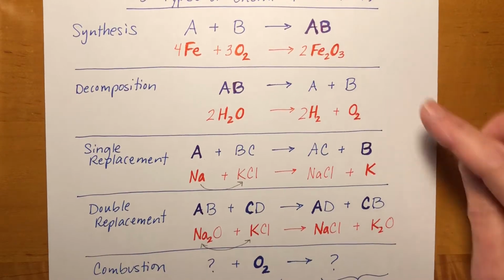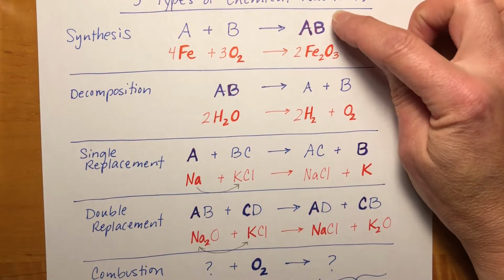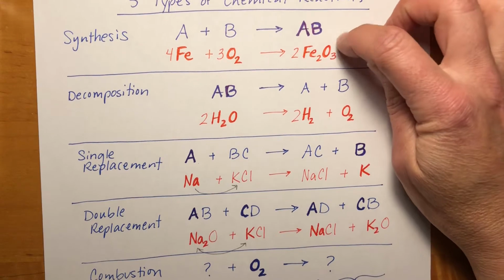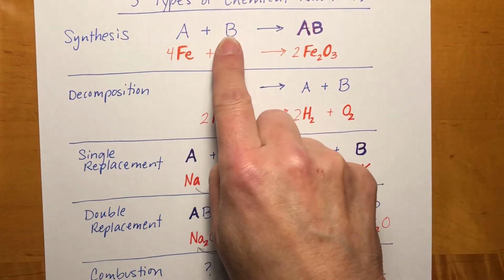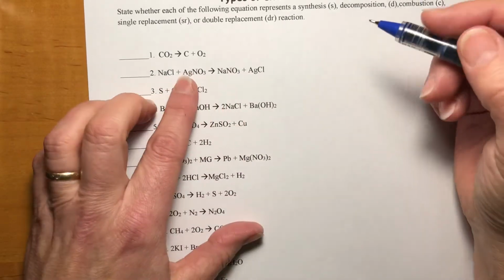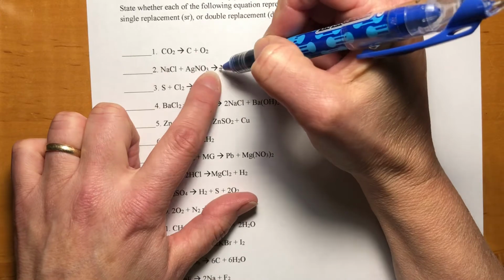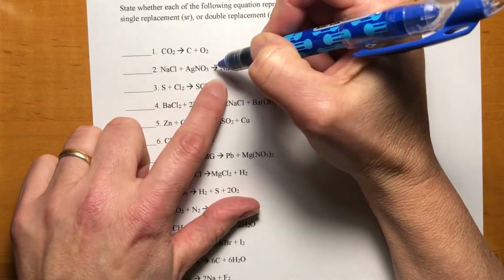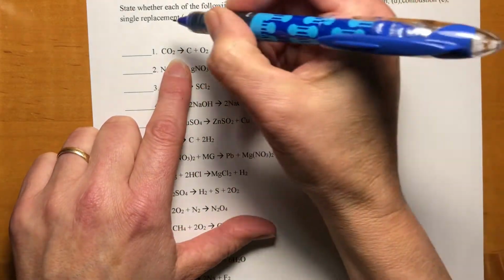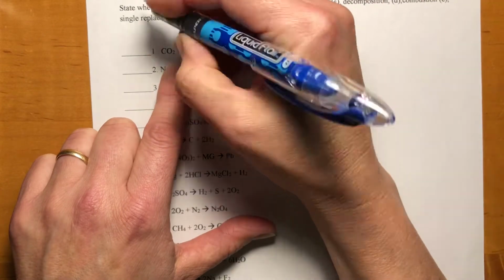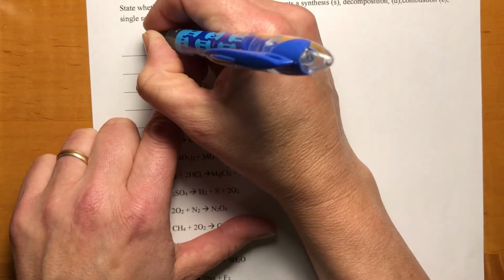So I'm going to look for just the synthesis ones, where you have just one product that got made by putting 2 things together. Remember, you want to pay attention to where the arrow is, because the arrow means yield, because the stuff on one side of the arrow is the reactants.